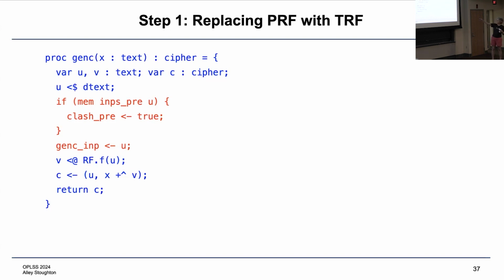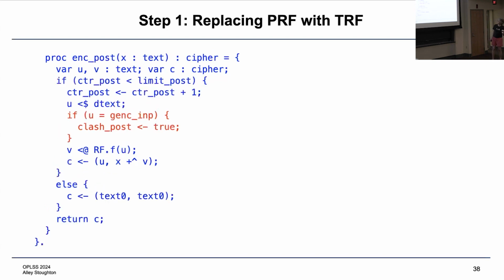But then what we do here is exactly what we would have done anyway, except that we're also recording this U as genc imp. So we're keeping track of that as well. That's another one of these new module level variables. But otherwise, this is just the inlining as before.